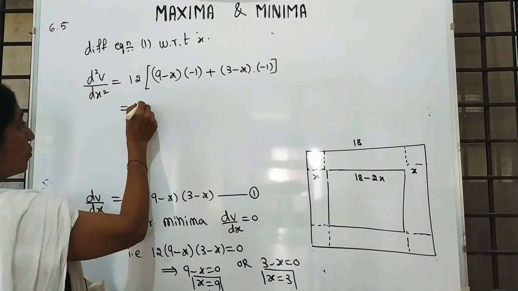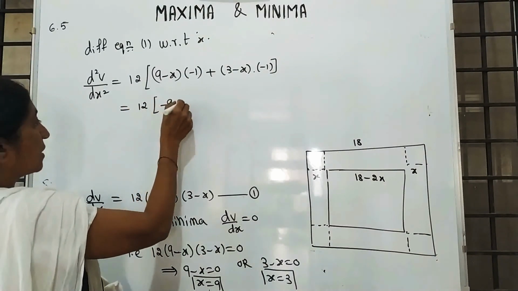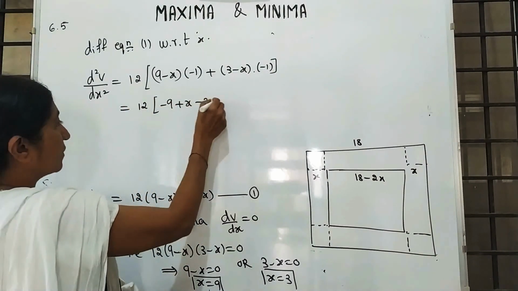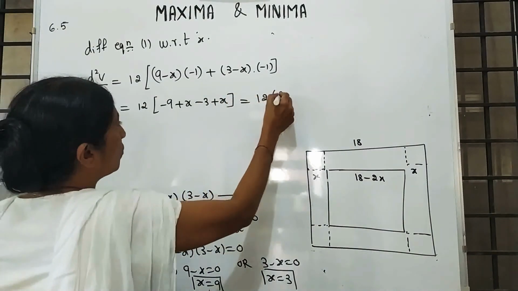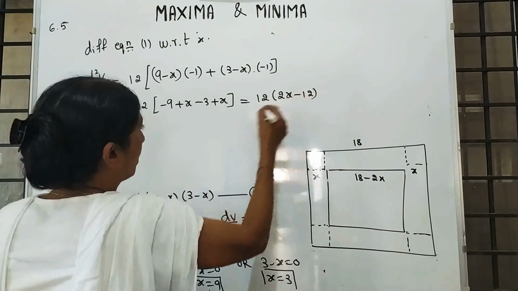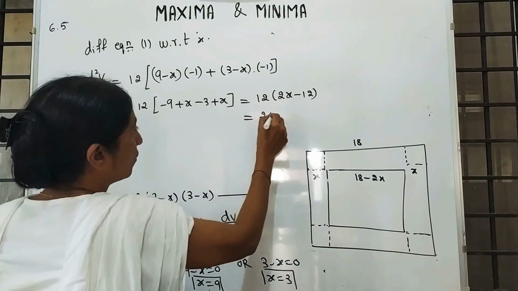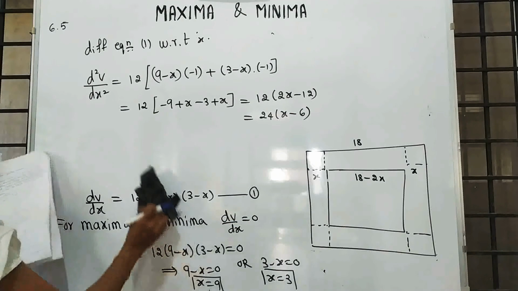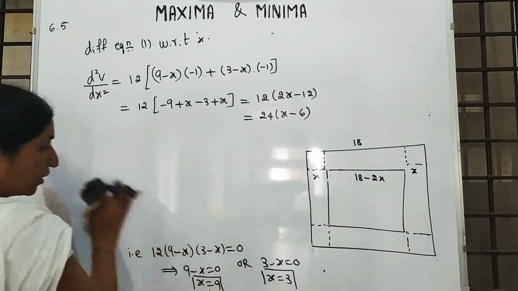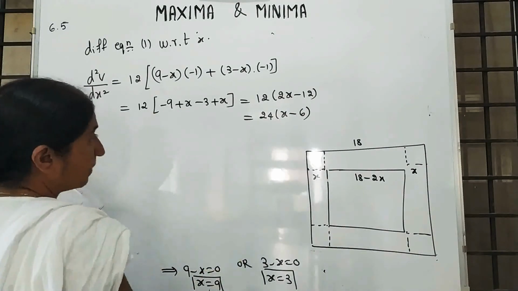It is 12 in the bracket minus 9 plus x minus 3 plus x. So it is 12 into 2x minus 12. If you want, take 2 common, 24 into x minus 6. Now calculate the second derivative at both the values.